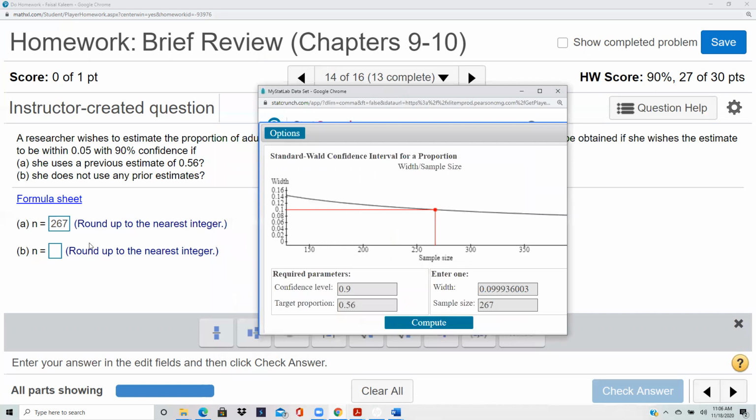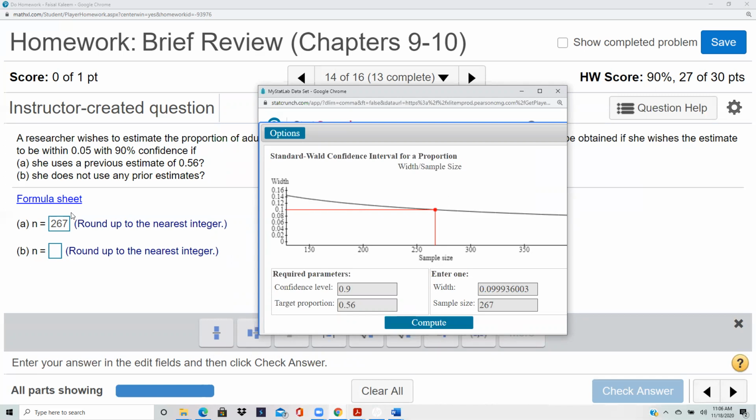This direction relates to the pre-StatCrunch era, where if you do it by a formula, which is a pretty long way of doing it, you get a decimal and then you have to round it up. But with StatCrunch, you don't have to look at this direction. StatCrunch does the rounding for you. So you just ignore that.